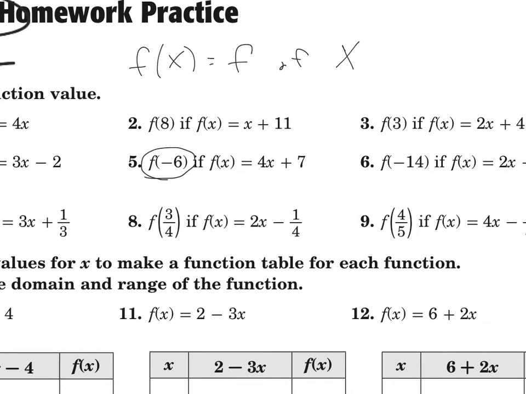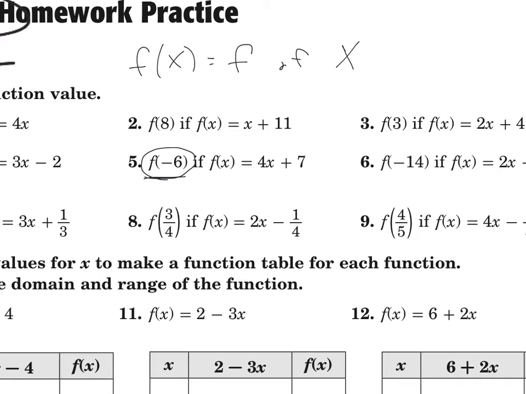When we write like we do in all of these problems, you can see they're putting numbers inside the parentheses instead of the x. So in problem number 5, it's f of negative 6.